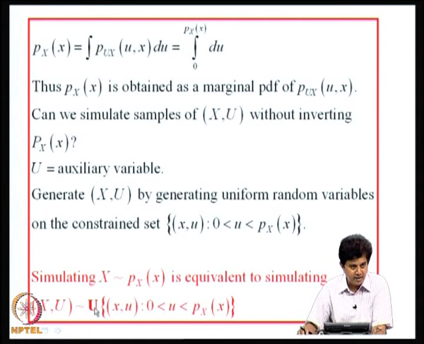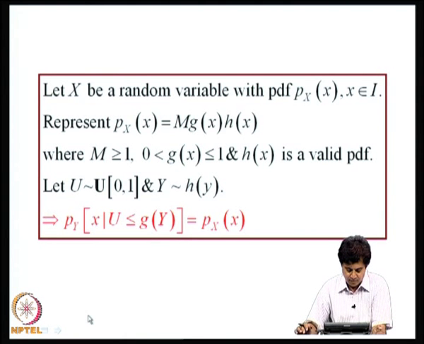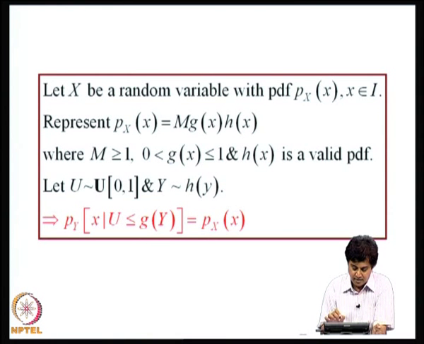Now, how do we translate this idea into a working algorithm? I will not get into too many details; I will illustrate this by a few examples and a simple explanation.